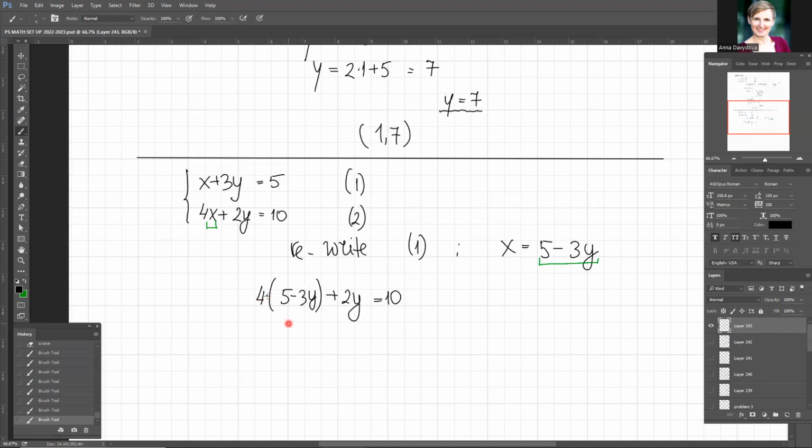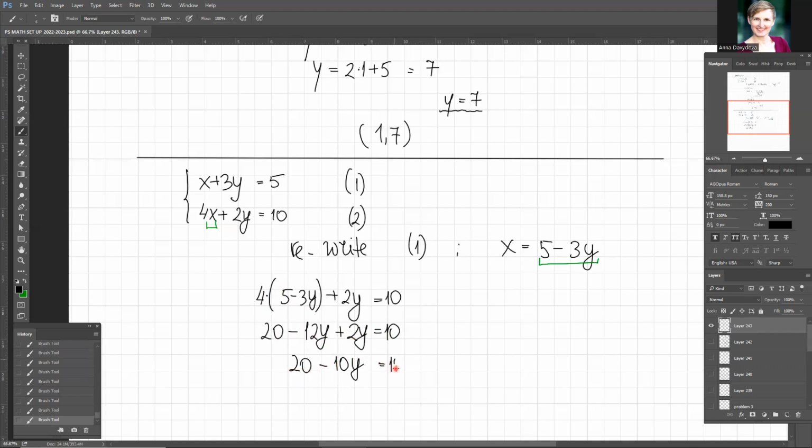So I need to use distributive property. 4 times 5, 20. 4 times 3, 12. 12 is negative, 2 is positive.